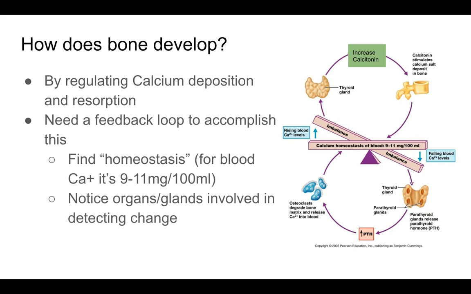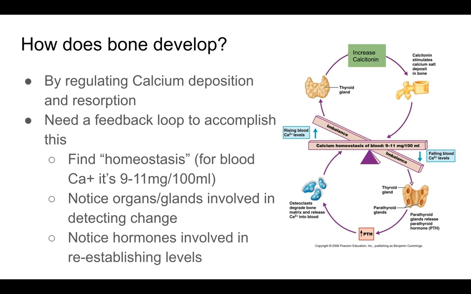So in this case, it's important to notice what homeostasis is for blood calcium. We also need to notice the organs and the glands involved in detecting changes, and also I would extend that into releasing hormones. So these organs and glands can release hormones that will stimulate a process that returns us back to normal.